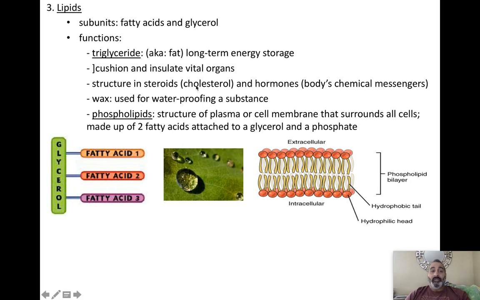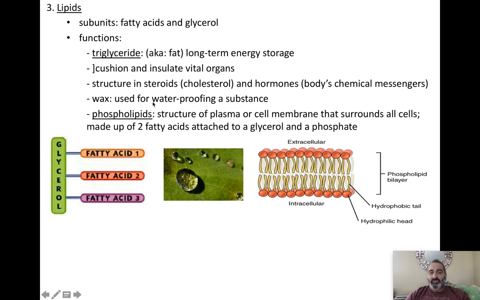Okay. What are lipids used for? They cushion, they insulate vital organs. Blubber, for example, on a whale, insulates it, keeps it warm in that cold water. Lipids are also in steroids or cholesterol. They're structural. So you do need to eat lipids in your diet. You need them for certain things. You need them for chemical messages of your body called hormones.